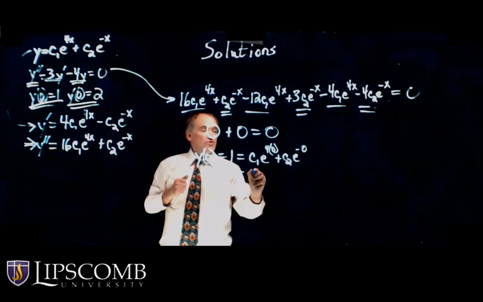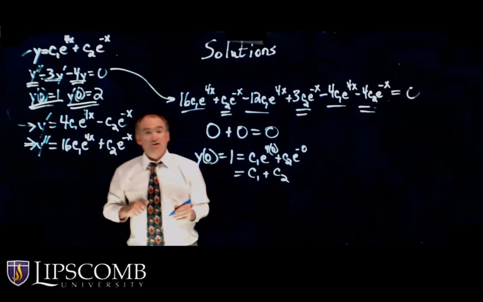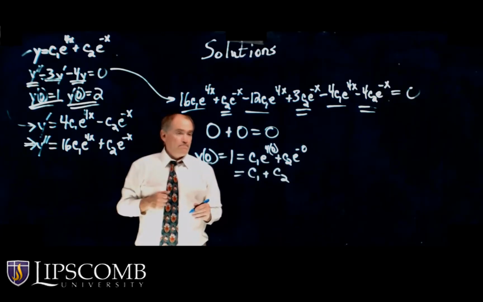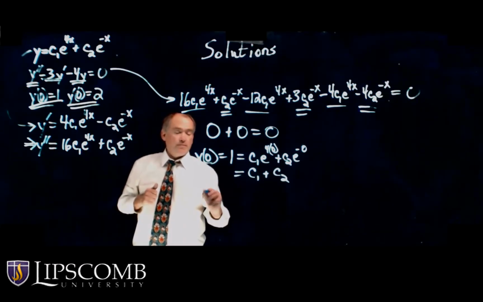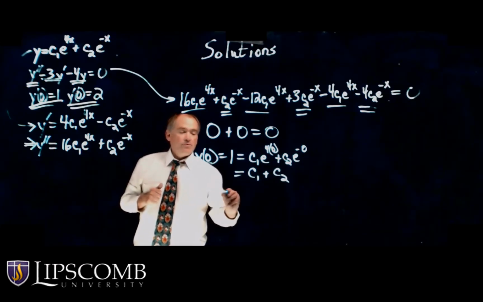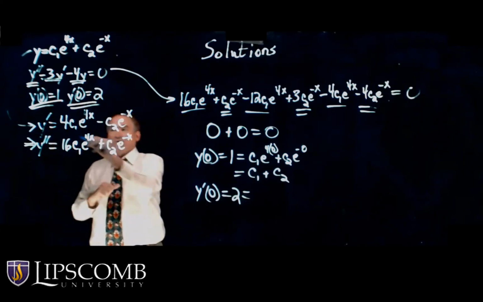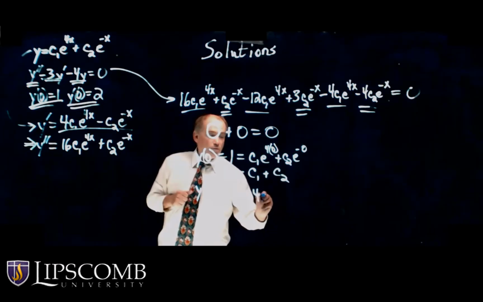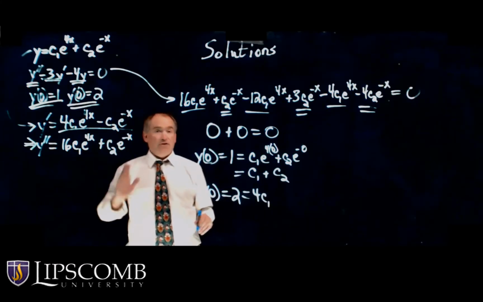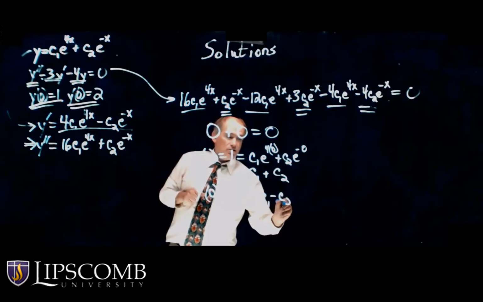That, of course, is C1 plus C2, since e to the 0 is 1. Now, let's take the derivative. Well, I've already done that. So y prime of 0 equals 2. I'm going to use this form. So this would be 4C1, again, I know e to the 0 is 1, minus C2.